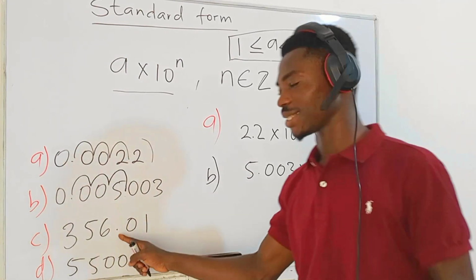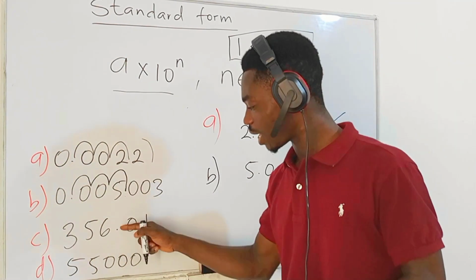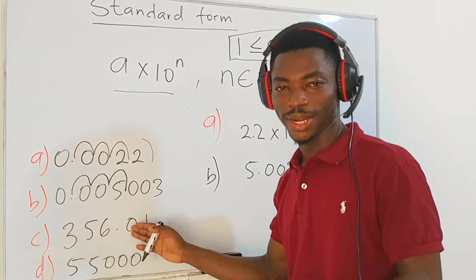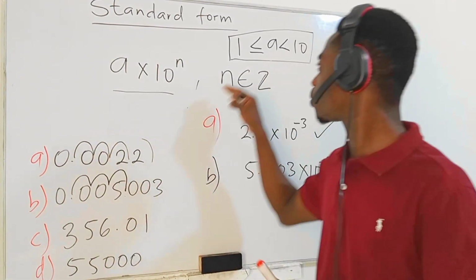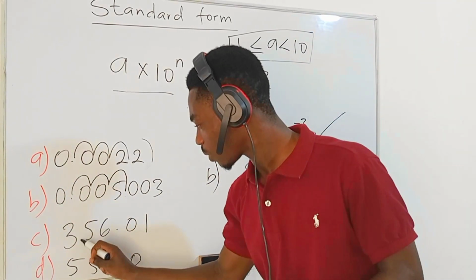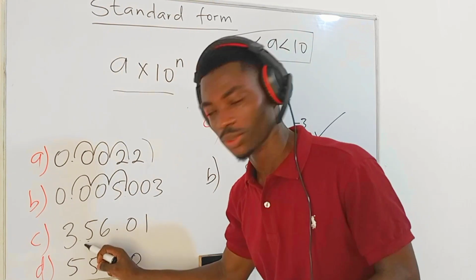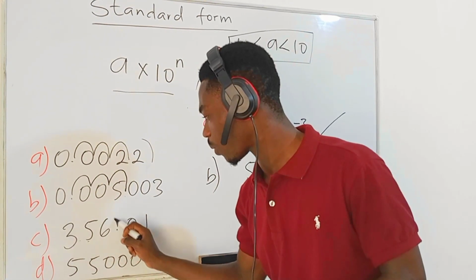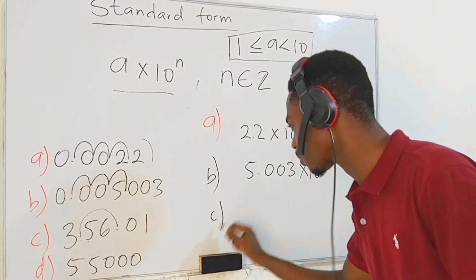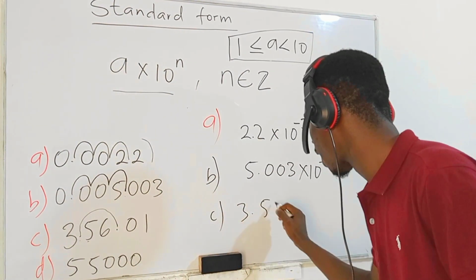Now let's come to C. The decimal point is here. Now check this out. If we move it to this side, then it means that we are going to have a very big number times 10 to the power something, which will be off range, right? So we would like to bring it to these two non-zero digits right here. So we want to move it all the way to this point right here, which will be 3.56.